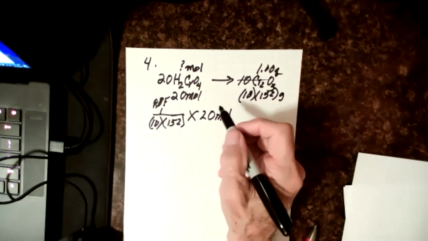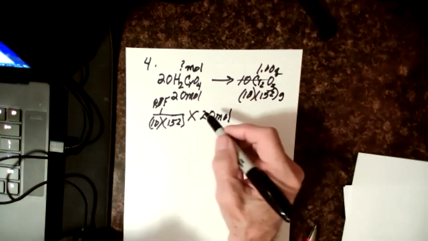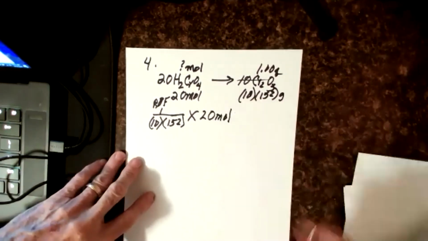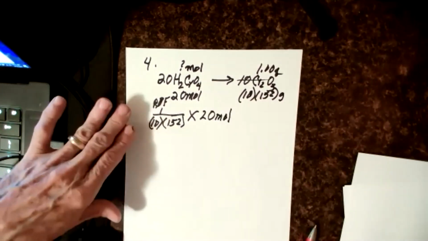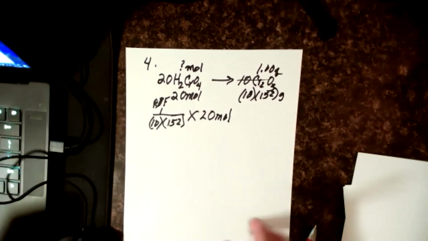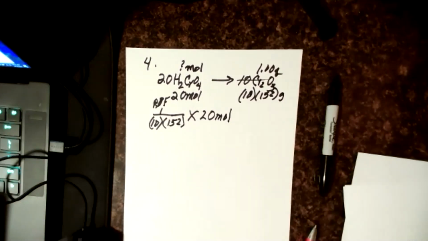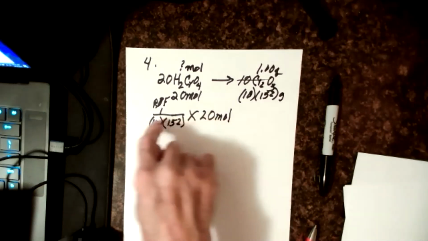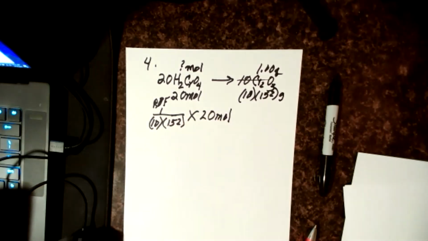Now, the answer wanted volume of some molarity. So let's go ahead and do this calculation and then I'll do the unit conversion. So I want to take 20 and divide by 10 and divide by 152.